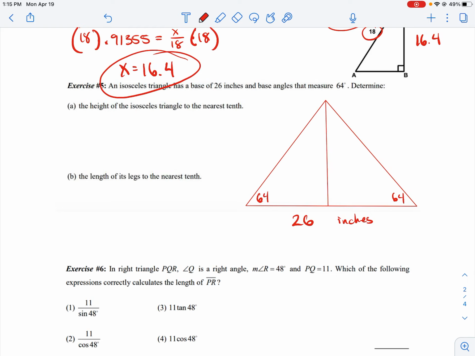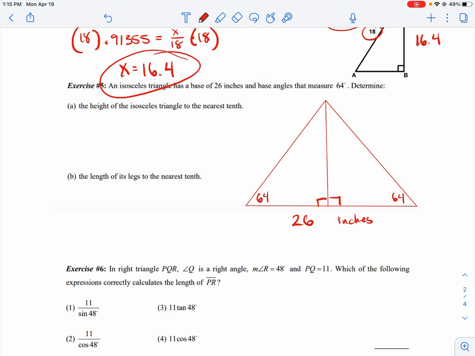Remember, the height of an isosceles triangle, drawn in, will divide the isosceles triangle into two congruent right triangles. They want to know the height of this guy.